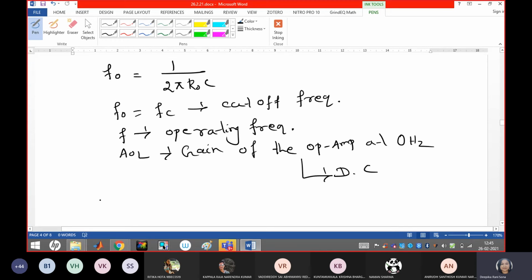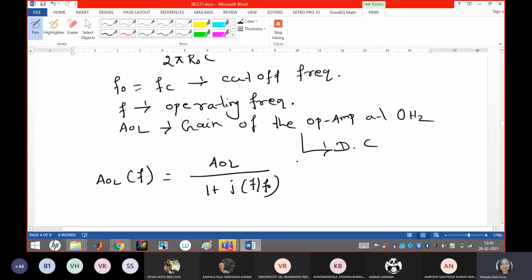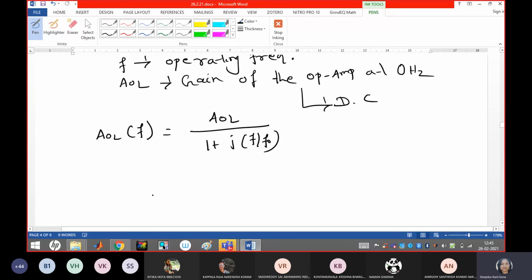So how do we represent this? In terms of frequency representation of this open loop gain, AOL we are writing as AOL divided by 1 plus j f by F naught, a function of frequency. You check this properly, you will get this.